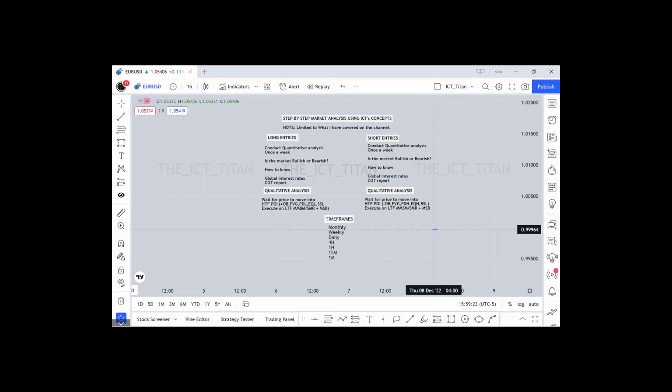If you have gone through the market maker model, we have a way of doing our quantitative analysis, which is not done on a daily basis. It can be done once a week, either on Sunday or Monday, because COT reports are released on Friday, and the global interest rates are always available on the sites that you choose to check them on.